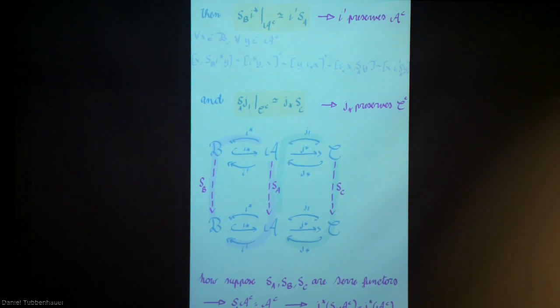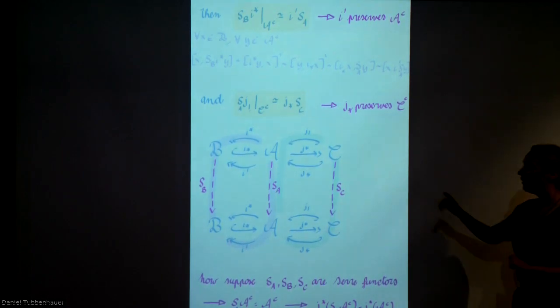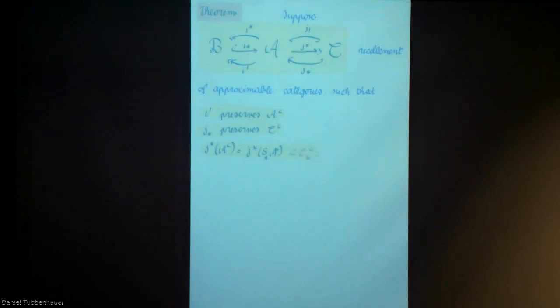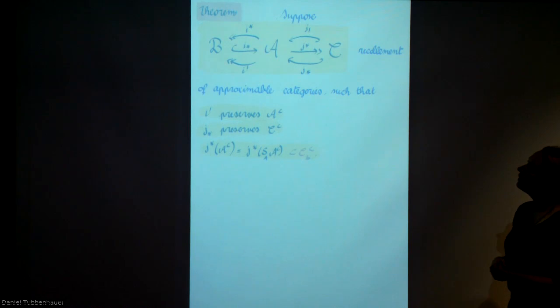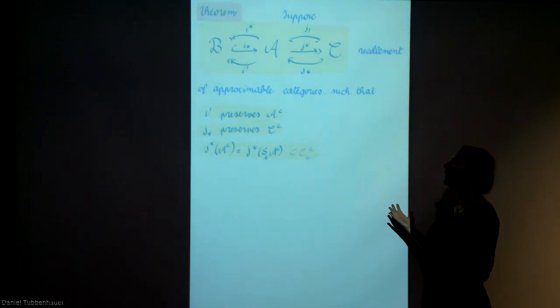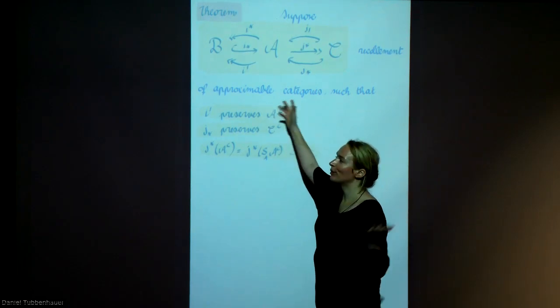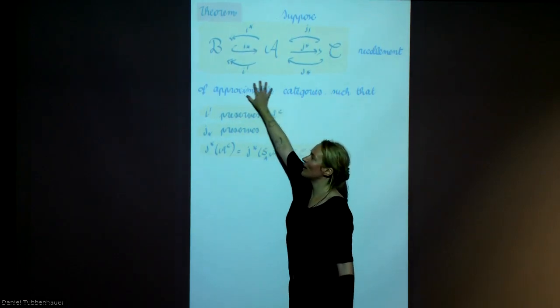Okay, so we wrote down these three immediate consequences that happen when we do have actual Serre functors. And so you can ask, is that enough? So we're gonna look at a recollement. This is where we need approximability. It's used in the proof, so you can just ignore that if you want.